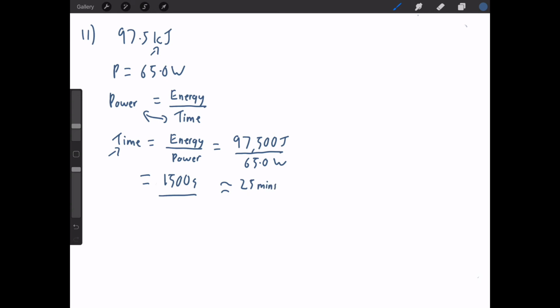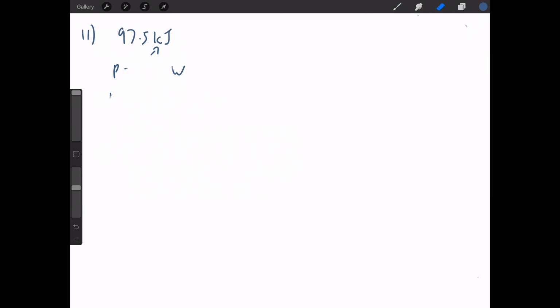Check your answers. If you're getting something which is like 2 minutes or 3 hours, that doesn't sound right to me, so you've probably made a mistake somewhere. Right, the next one, very difficult question. So the battery powers 4 motors, remember that?